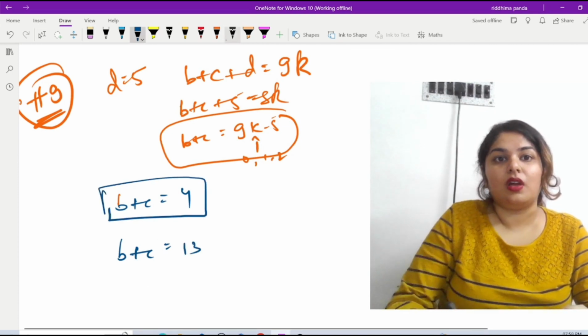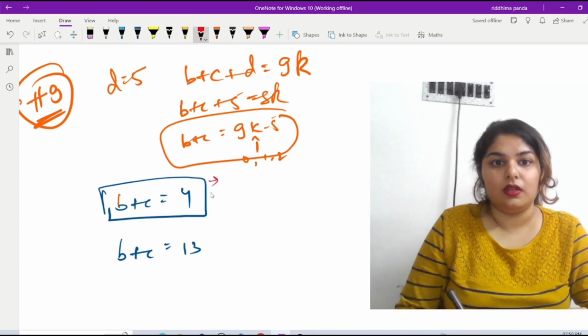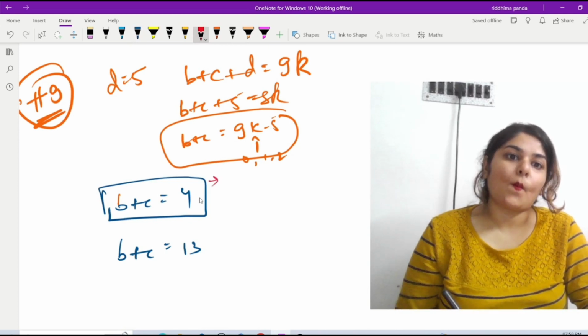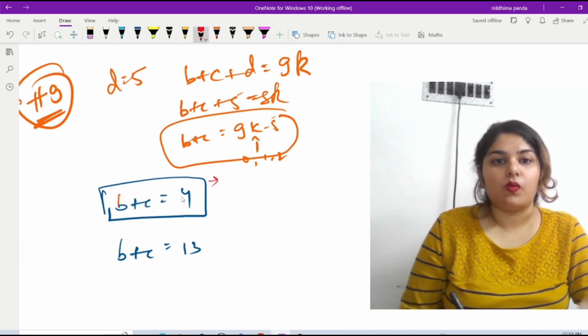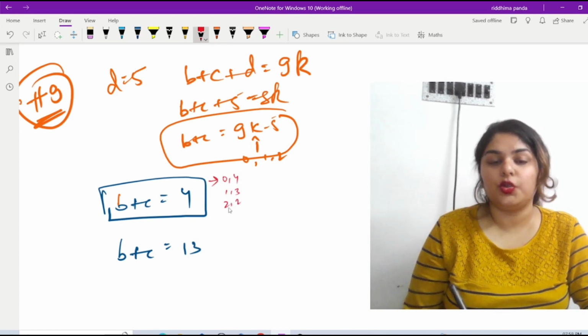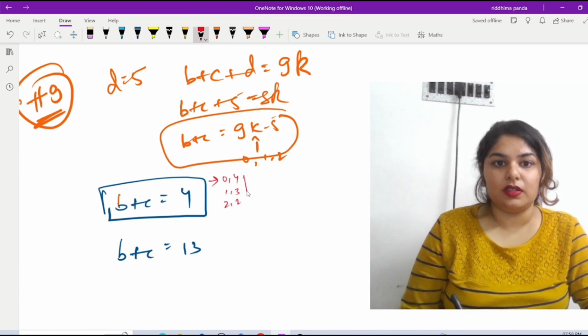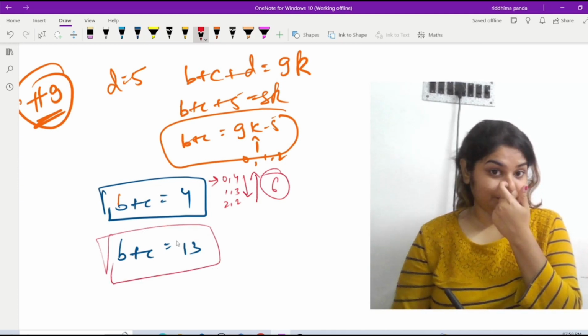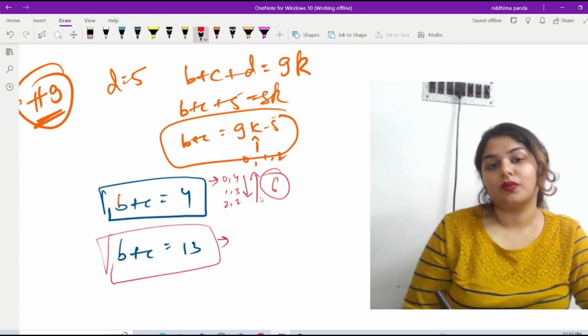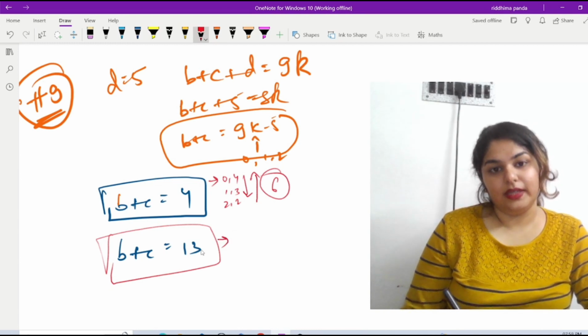So for these combinations, how many are possible, right? Let's check. Here we have B and C, so 0 and 4, 1 and 3, 2 and 2. And reversing it, these are 3 plus 3, so that is 5 possibilities. And here we have 13, right?